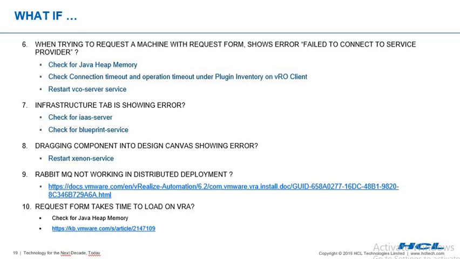We have to clear up some memory from the IaaS server, and then we need to check whether the IaaS server service has been registered on the WAMI portal or not. And then we need to check whether the blueprint service is registered or not. And if it's so, then better clear up the memory of the IaaS server, and then we are good to go.